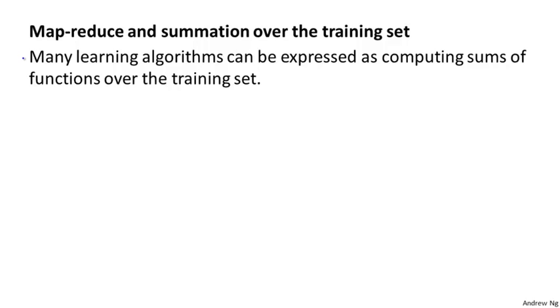And the computational expense of running them on large data sets is because they need to sum over a very large training set. So whenever your learning algorithm can be expressed as a sum over the training set, or whenever the bulk of the work of a learning algorithm can be expressed as a sum over the training set, then MapReduce might be a good candidate for scaling your learning algorithms to very, very big data sets.